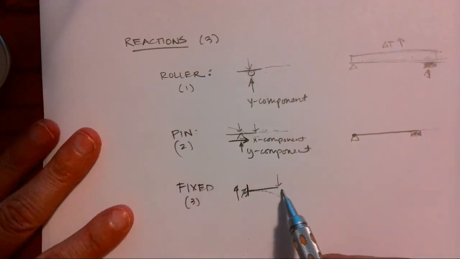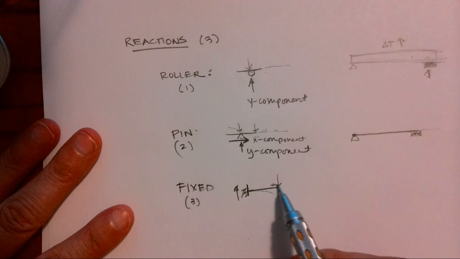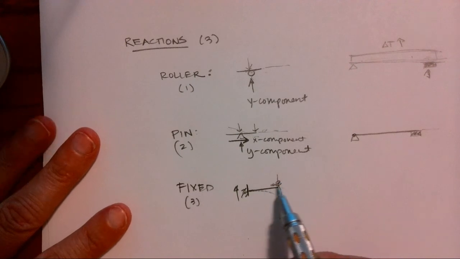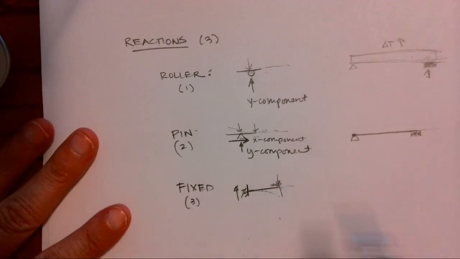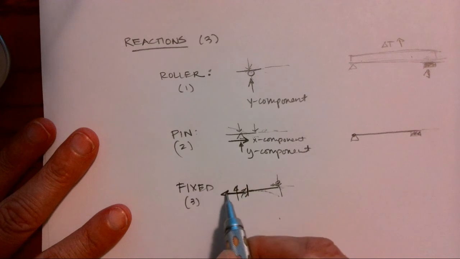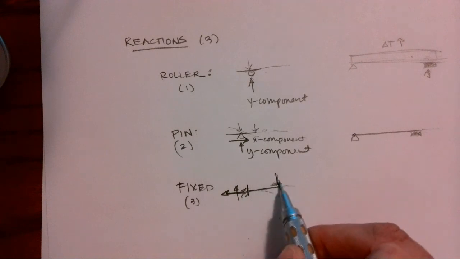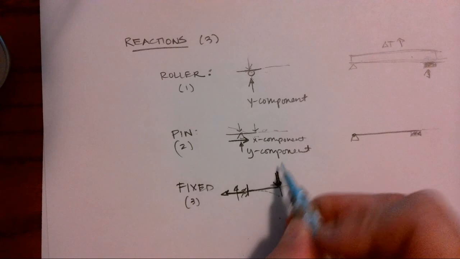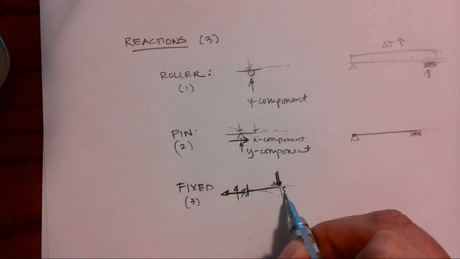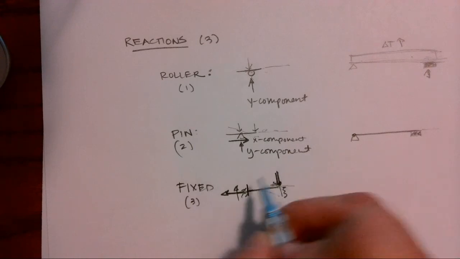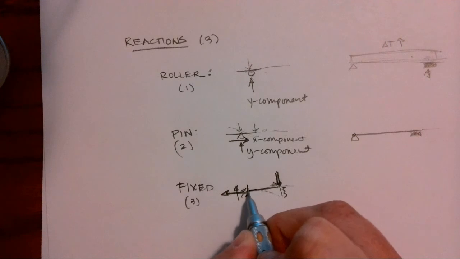If I'm in the water and I've got my arms up on the diving board, and maybe I'm pushing or pulling on that diving board, again, we can have some sort of reaction in the X. We're preventing translation. And if I jump on that board, jump, jump, jump, we can see that the board has some deflection down here at the end where I'm standing, but there is zero rotation occurring at the wall.